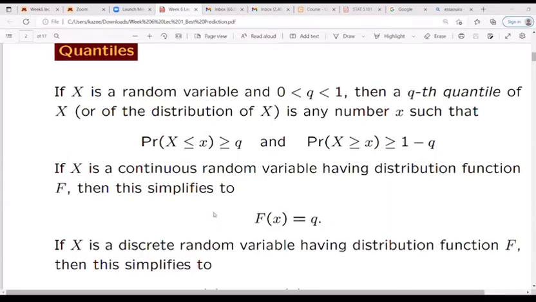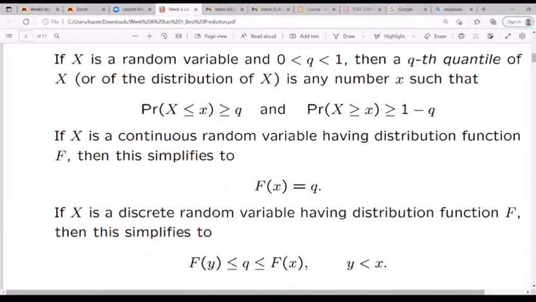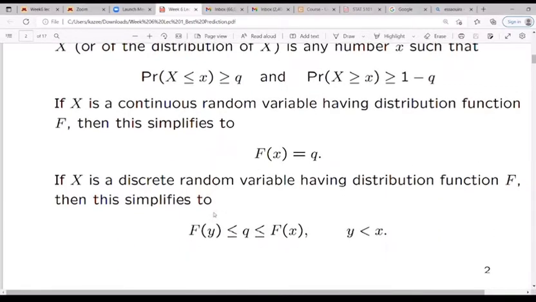If X is discrete, on the other hand, having a distribution function uppercase F, then Q will lie between F of y and F of x, where y is less than x. Just take note of that.